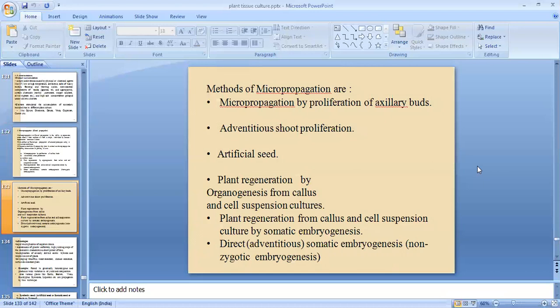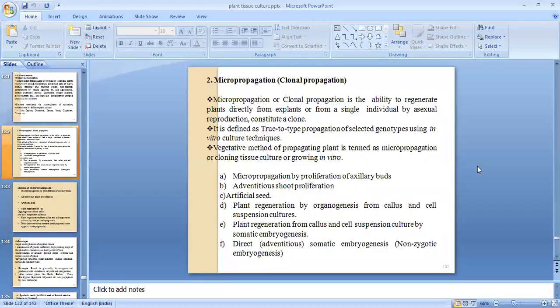And next one is the micropropagation, which is otherwise called as clonal propagation. It is the ability to regenerate the plants directly from the explants or from a single individual asexual cell into a clone.